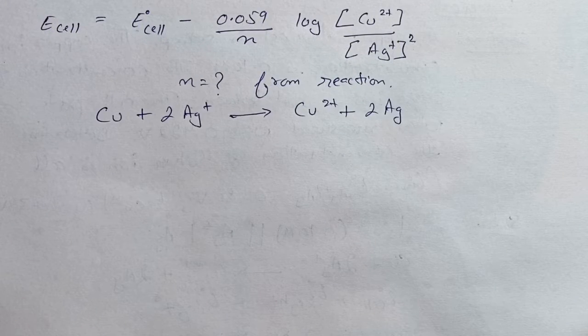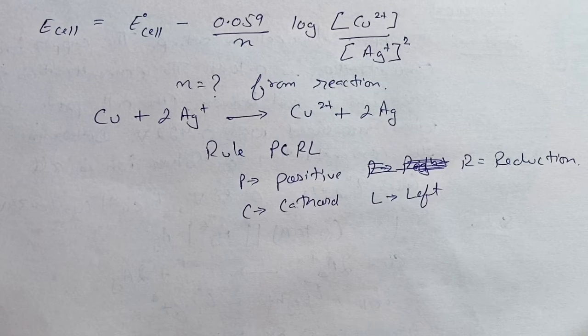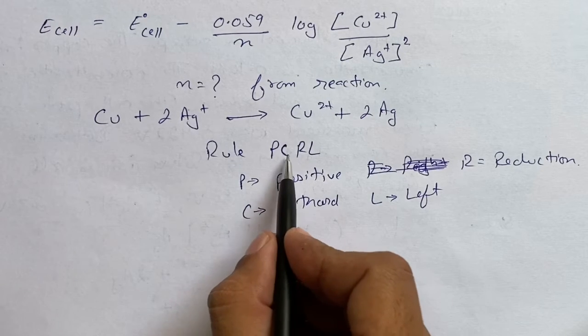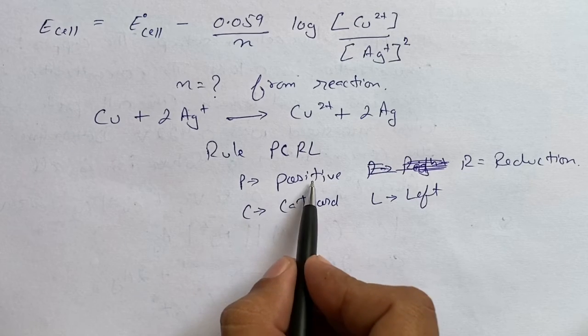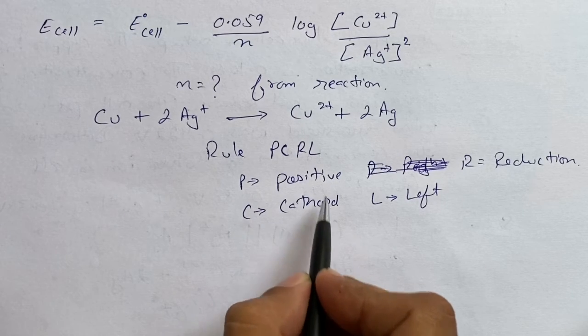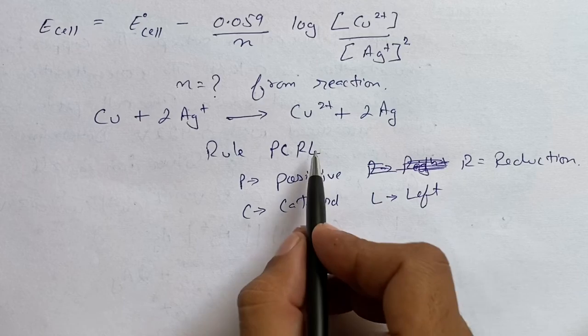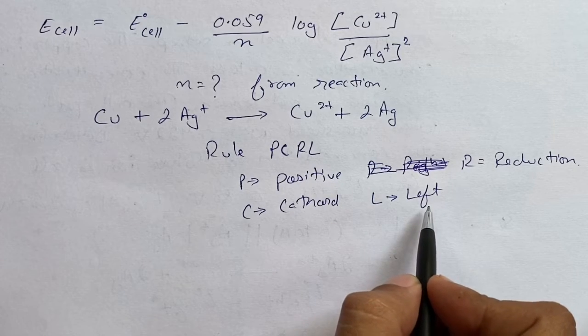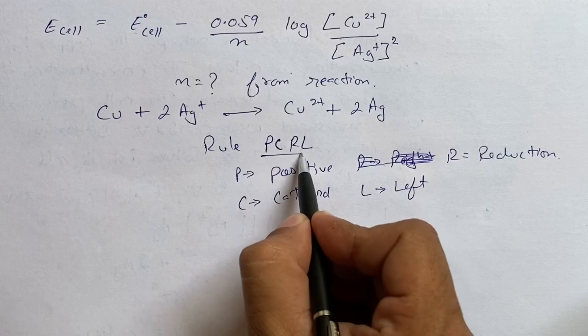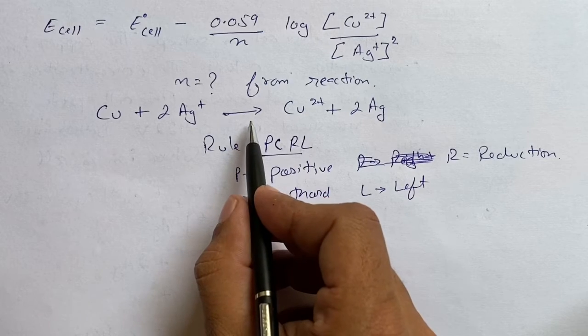Students, as you can see, I have written the equation Cu + 2Ag+ → Cu2+ + 2Ag. Using the rule PCRL, P stands for positive, C stands for cathode, R stands for reduction, L stands for left. Now apply the PCRL rule on the above equation.